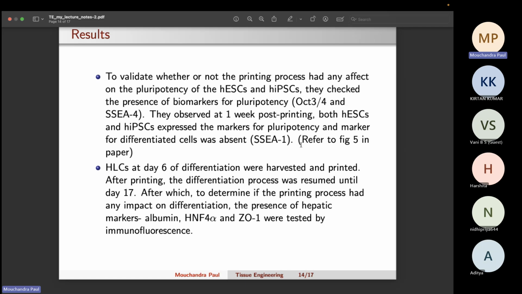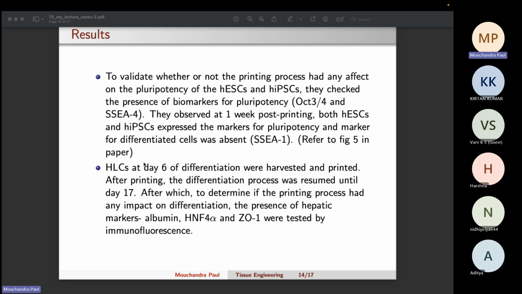But still, it helps them prove the point that their process is not affecting the pluripotency of the embryonic stem cells as well as the induced pluripotent stem cells. But a more detailed study of gene expression, like DNA array studies or mRNA array studies, could have been much better actually.